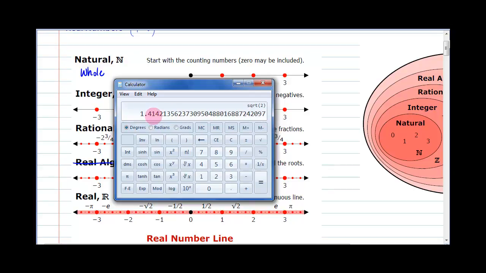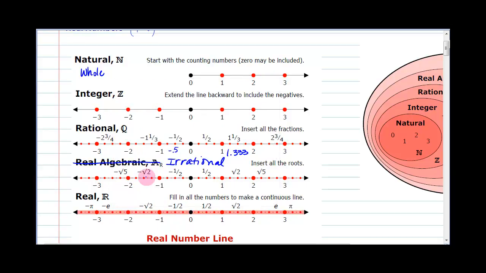It doesn't seem to form a pattern at any point, and it doesn't look like it ends. This is a representation of an irrational number. Square roots such as the square root of 5 or the square root of 2, when I cannot take the whole number out of the square root, are what we consider irrational numbers.